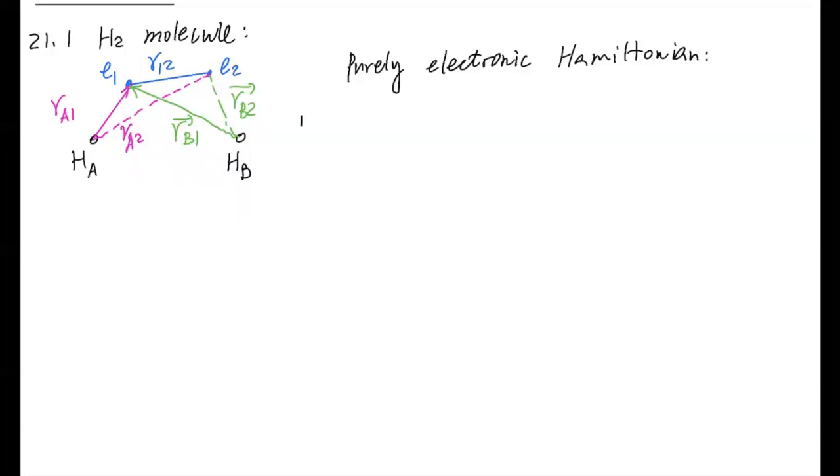So the purely electronic Hamiltonian H is, of course, the kinetic energy of the first electron. I am using atomic units here. And the kinetic energy of the second electron, and the attraction between electron 1 and proton A. So this is minus 1 over RA1.